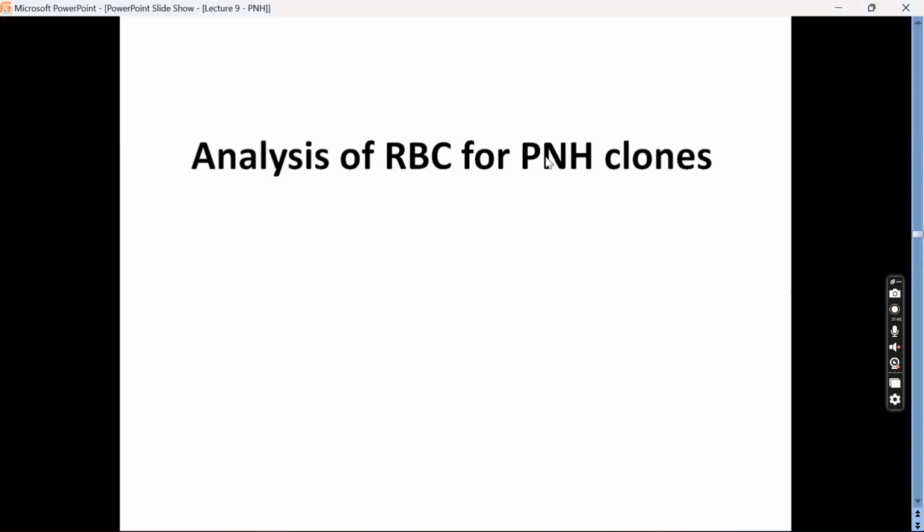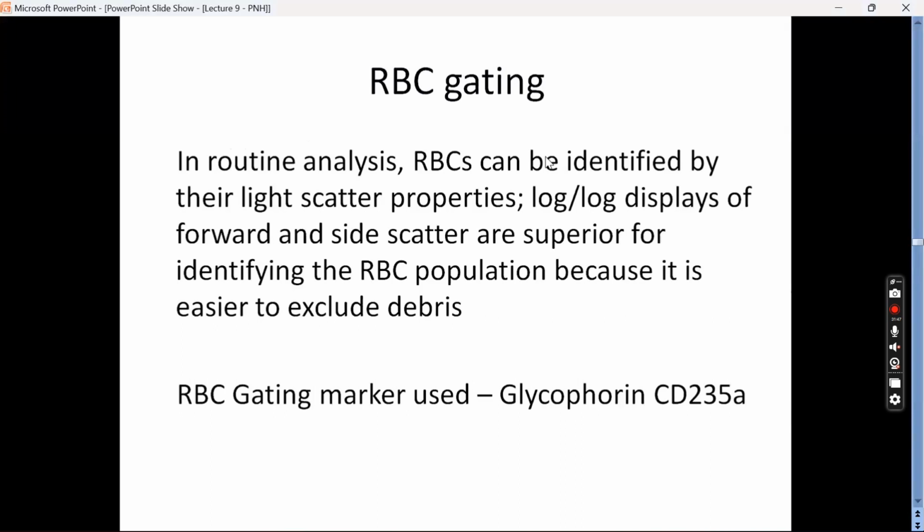Now, whenever you're doing an analysis on either RBCs or neutrophils or monocytes, you need to use a gating marker. What is a gating marker, anyone? We have finished panel designing, so someone has to tell me what a gating marker is.